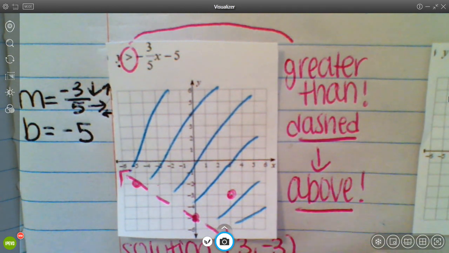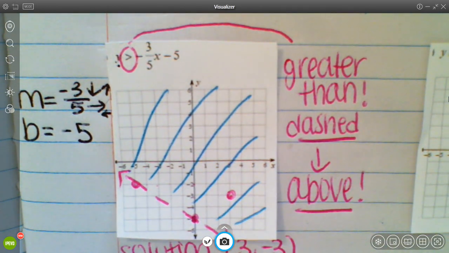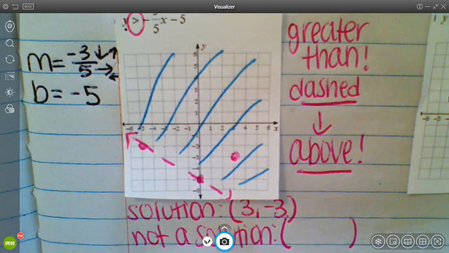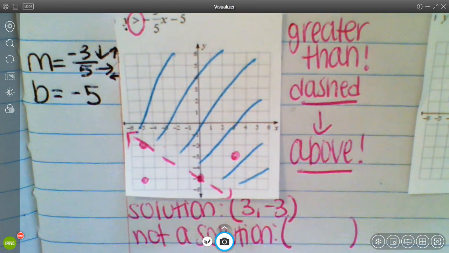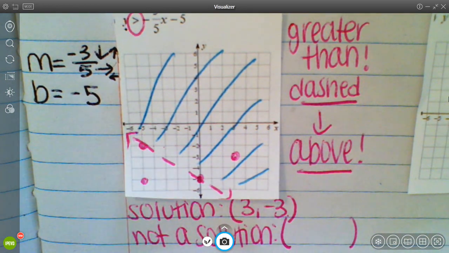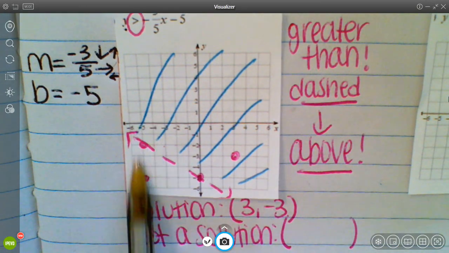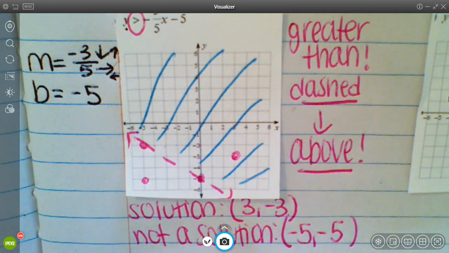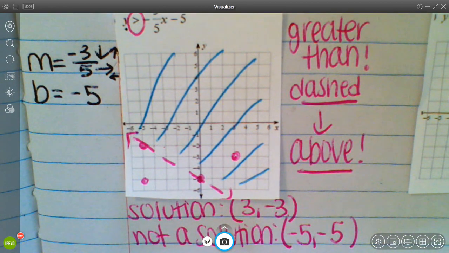Well, what's not a solution is something not in that blue shaded region. So something like over here, maybe that one, right? That's not anywhere in there. So that would be (-5, -5). Not a solution. Now you might have come up with another spot, but those are the two that I found.